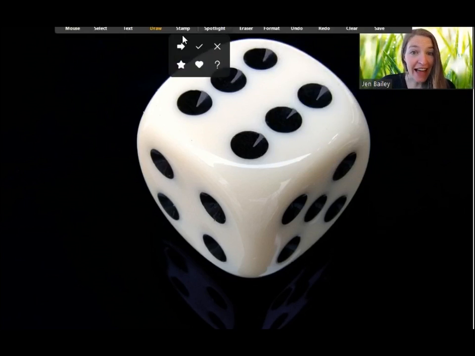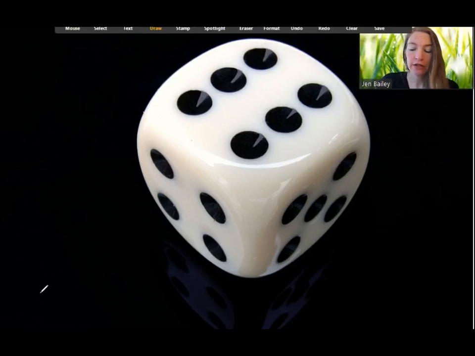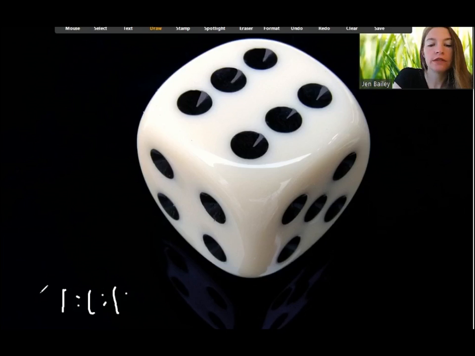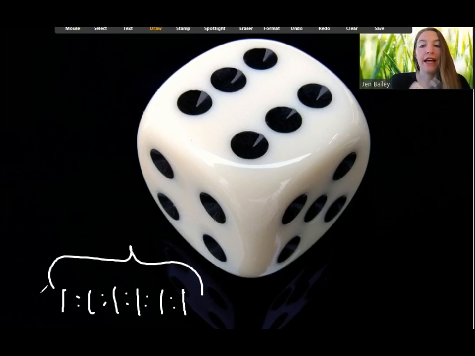Another way to say that is that we have a 1 to 1 to 1 to 1 to 1 to 1 ratio of outcomes, okay? What this means is that it is equally likely to roll a 1 as it is a 6 or a 3 or a 2, okay?